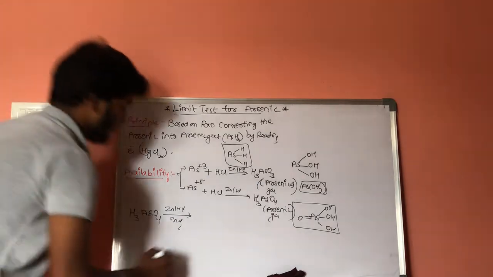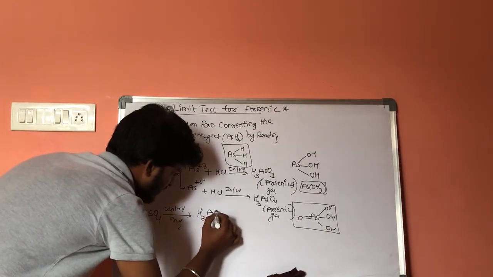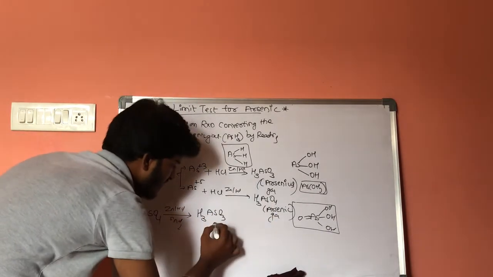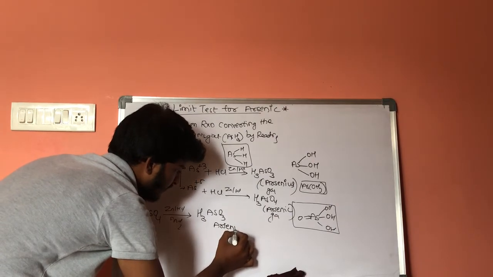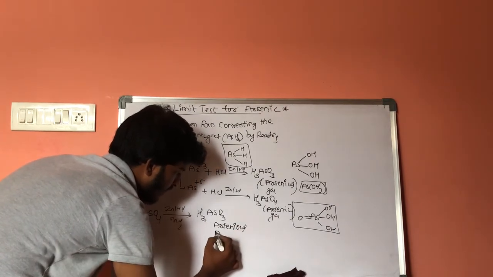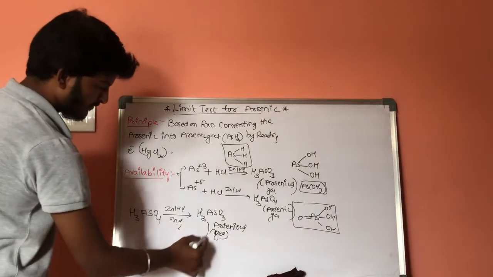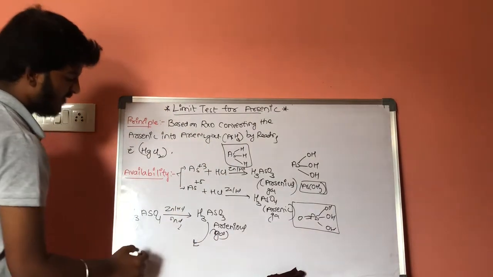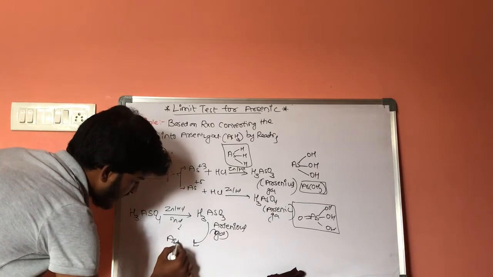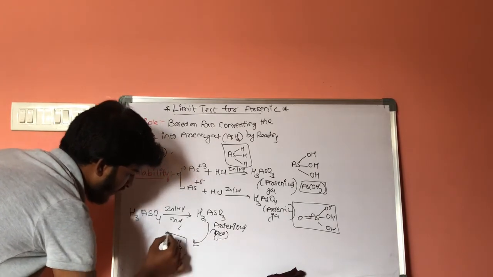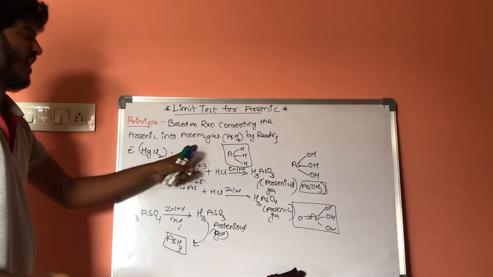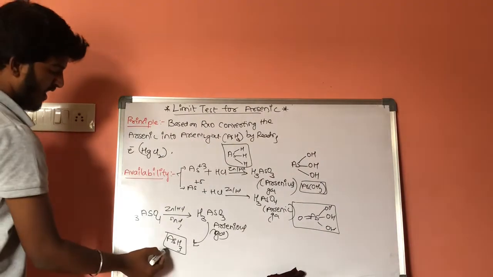It forms H3AsO3, that is arsenious acid. Now this arsenious acid which is formed will undergo a reduction process and form AsH3. What is this AsH3? It is arsine gas. This is arsine gas.